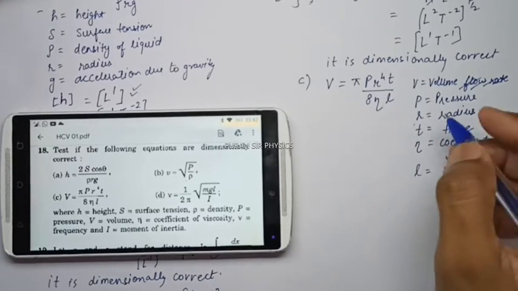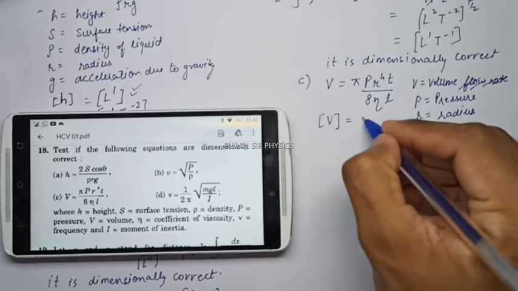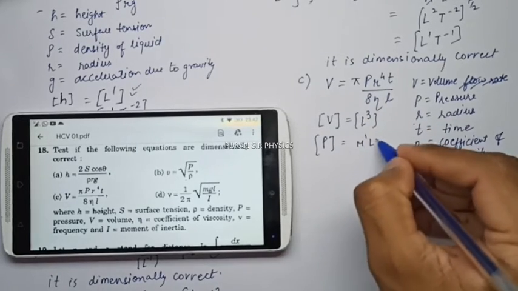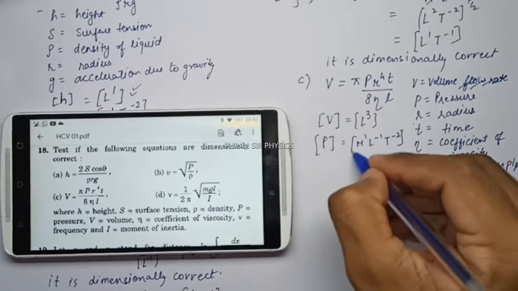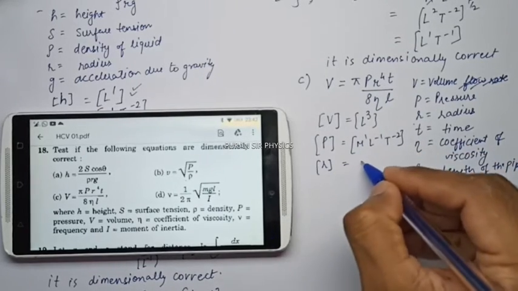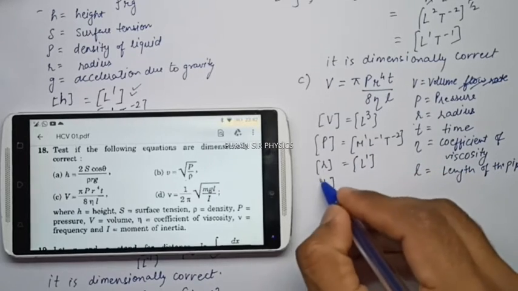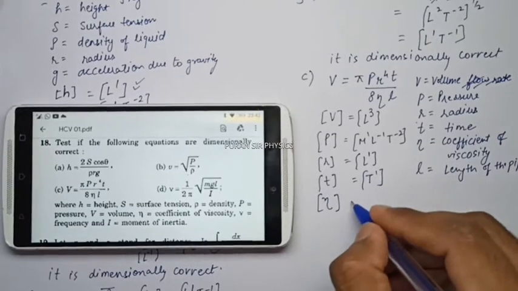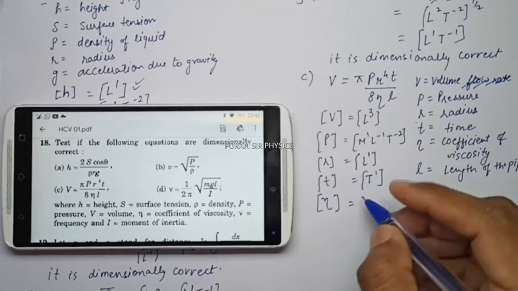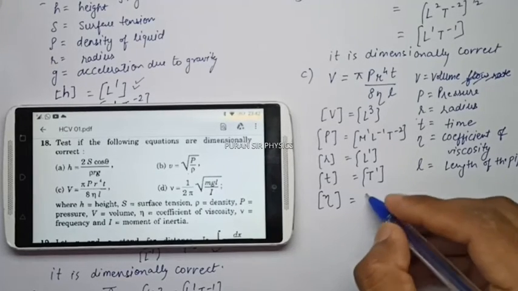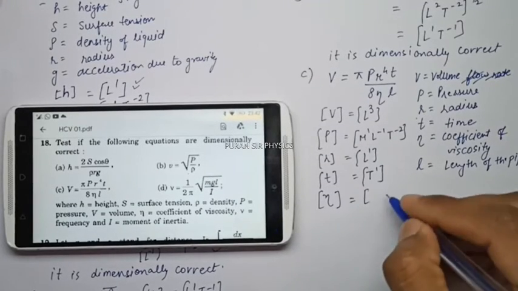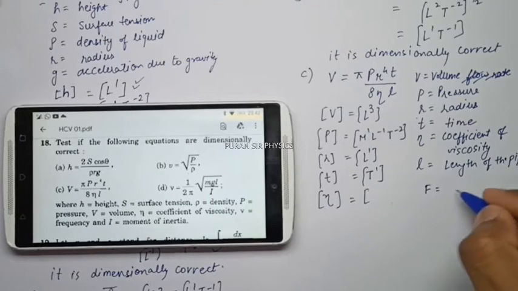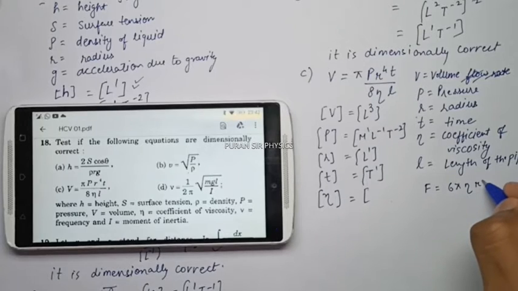So if we see the dimension of all these quantities, the dimension of volume will be L raised to power 3, and the dimension of pressure will be M raised to power 1 L raised to power minus 1 T raised to power minus 2, and dimension of r will be L raised to power 1, and the dimension of t will be T raised to power 1, and the coefficient of viscosity we can find with the formula viscous force 6 pi eta rv. So we know that viscous force is 6 pi eta rv.